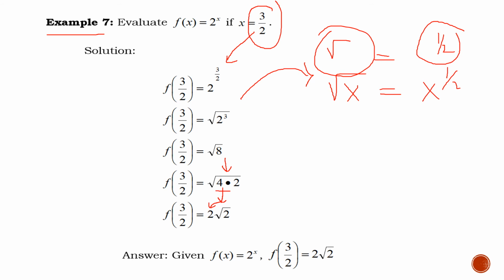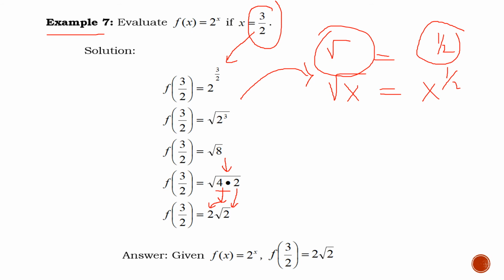Then multiplied by the square root of 2, because we cannot calculate this; we just simply simplify this function without using a calculator. We're just looking for the most simplified form of our final answer.